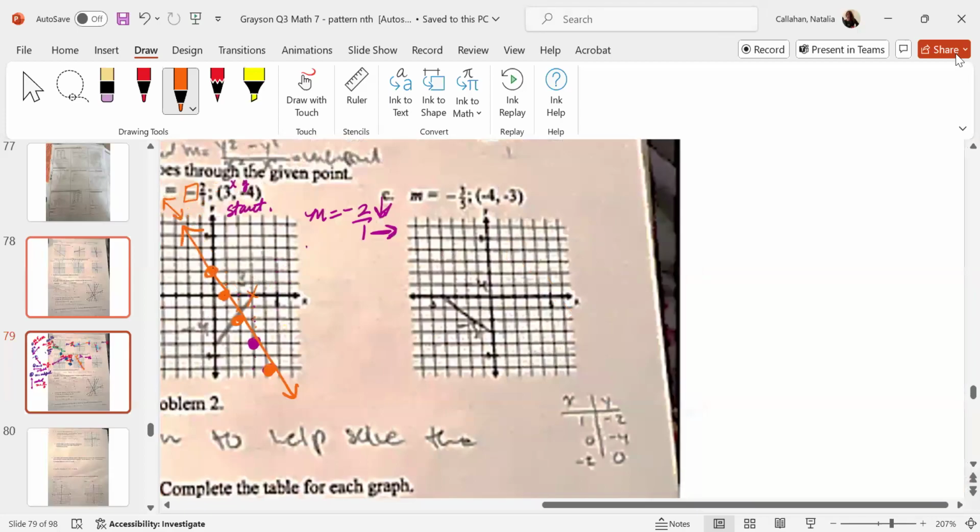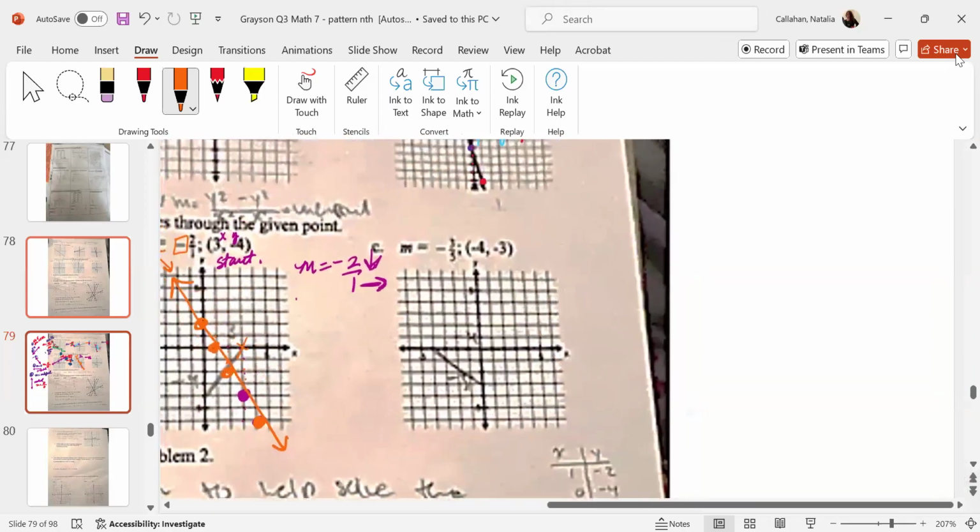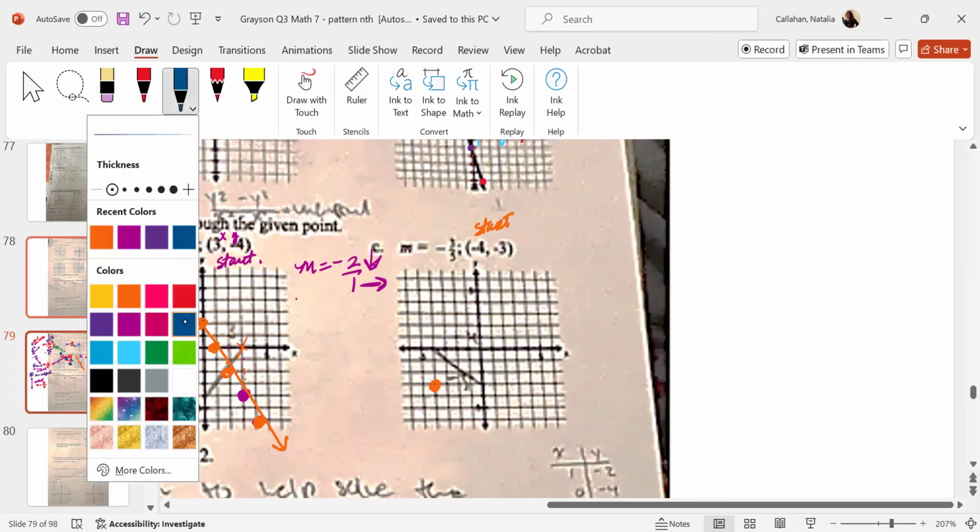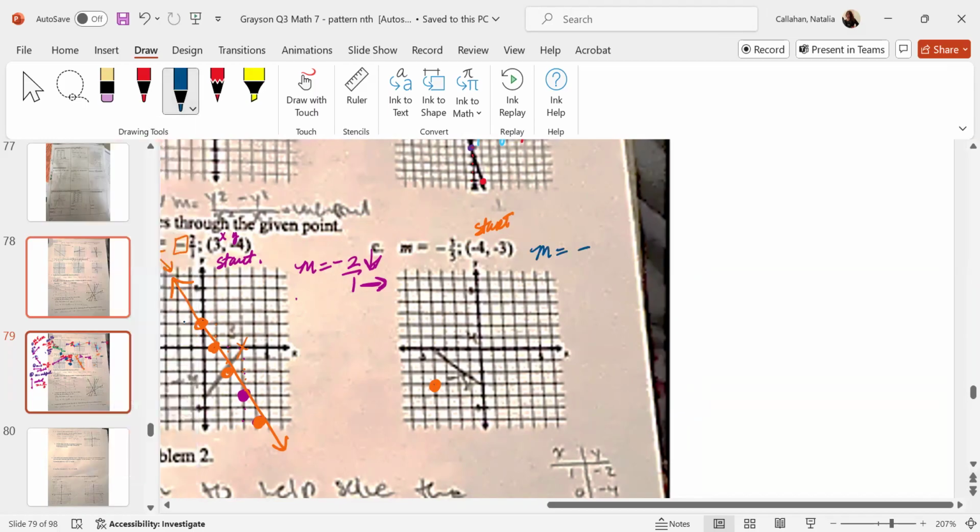Explain to me how you graph C. Where do you start? Negative 3. Okay. And then what do you do? You go to the slope. What does the slope say?